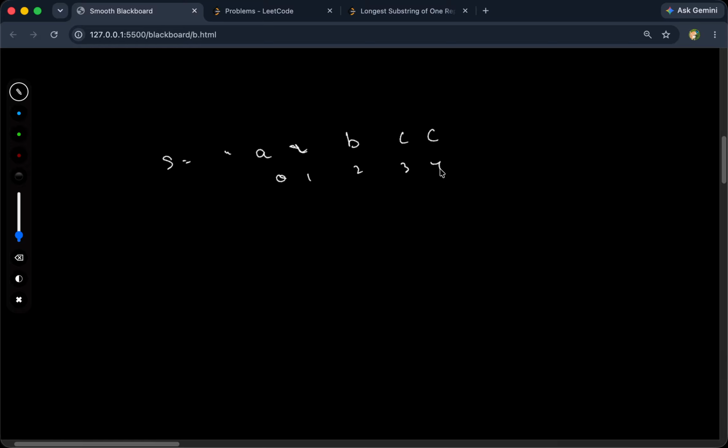Suppose index 2 is replaced with C. After the update, our string becomes A A C C C. Now we can scan from left to right. A's length is 2 and C's length is 3, so the answer is 3.